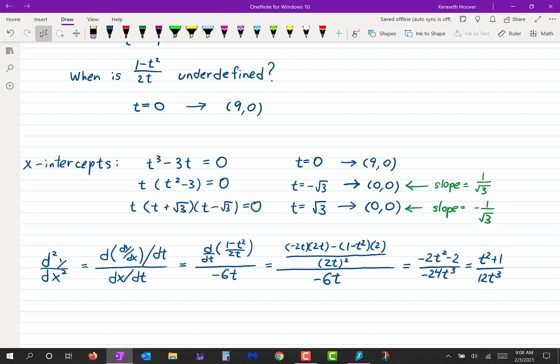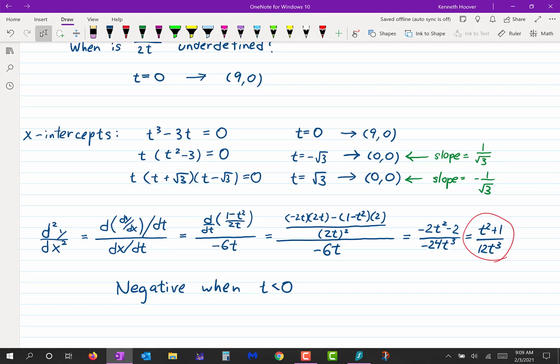And we're going to try to find concavity, so we want to know when the second derivative is negative and when it's positive. And that's easy for this one. So look at this. Do you notice that that will be negative when t is negative, and it'll be positive when t is positive.